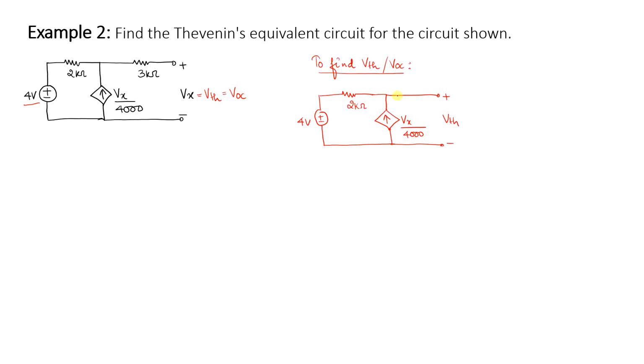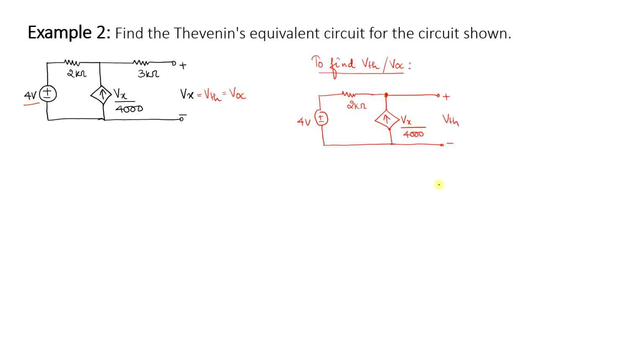Now, generally we could say that this Thevenin voltage is the voltage developed across this particular dependent current source. Since this is a dependent current source, it becomes very difficult for us to compute the value. What we will do is, instead of applying KVL to the circuit, we will apply KCL at this particular node.